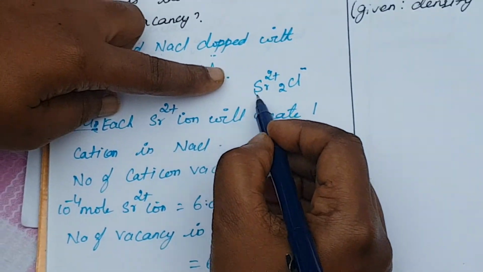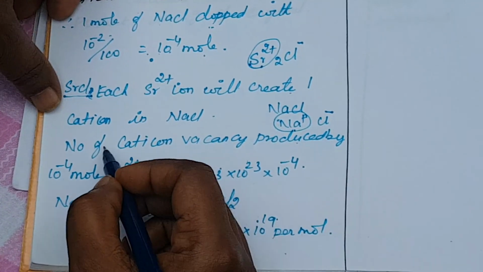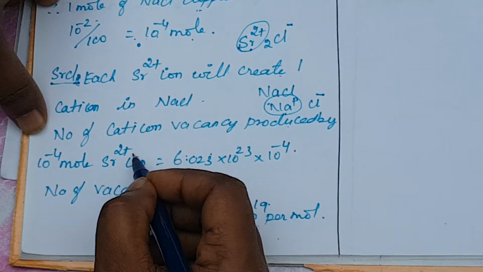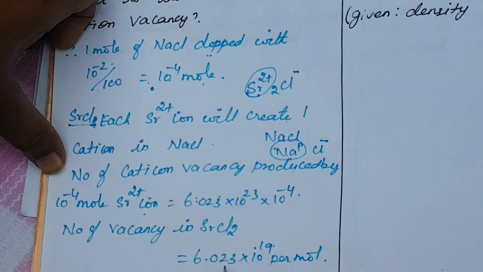So Sr2 plus creates only one vacancy in sodium chloride. So number of cation vacancies produced by 10 power minus 4 mole Sr2 plus, we can simplify that.